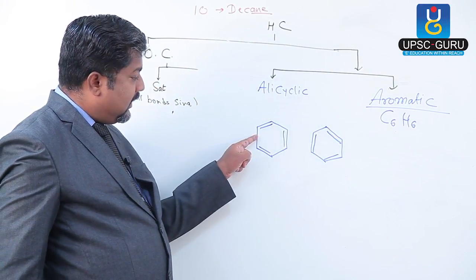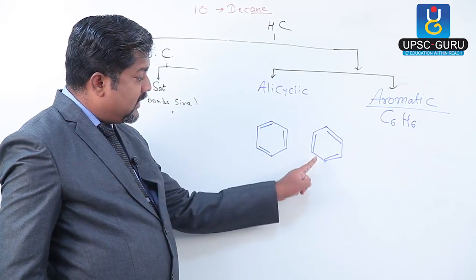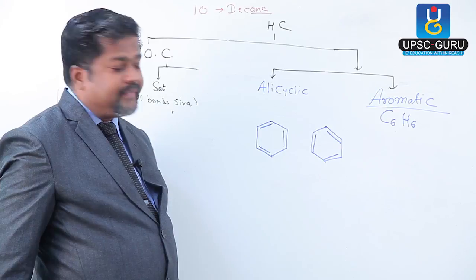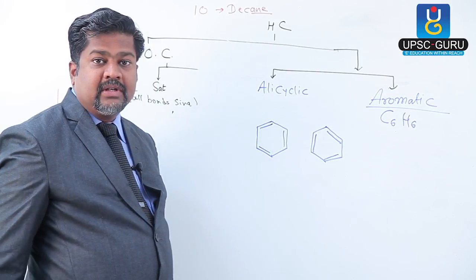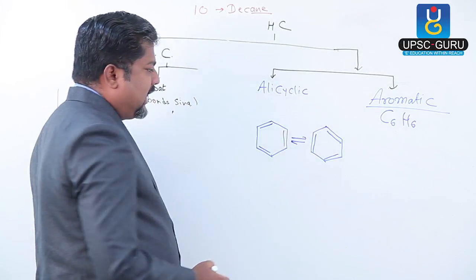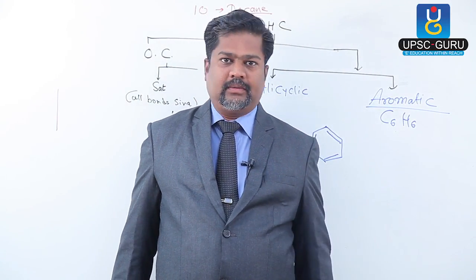Just check: here single bond, here double bond, here double bond, here single bond. So these two structures are possible. That means the double bond position is changed, and we call this type of structure a special type of structure, called a resonating structure.